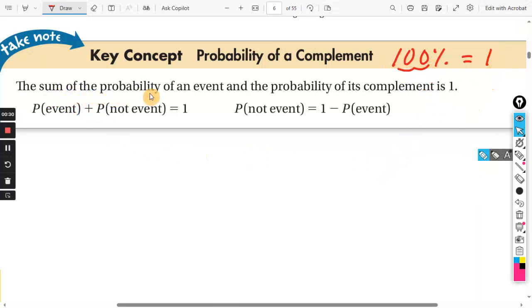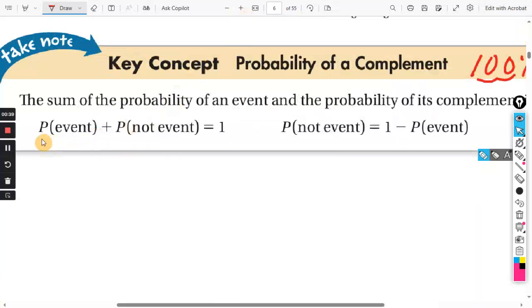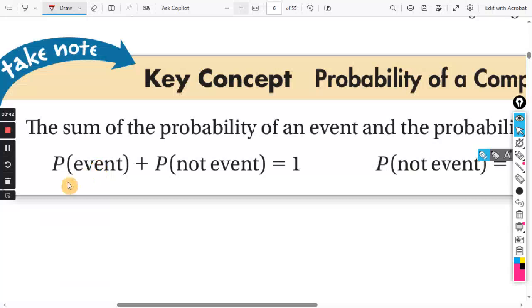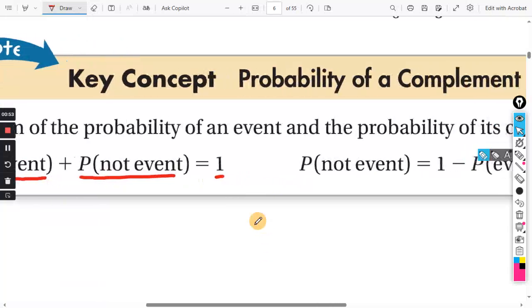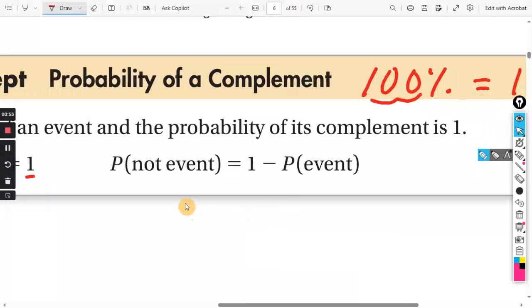So the sum of the probability of an event and the probability of its complement is 1. In other words, if you add the probability of an event occurring to the probability of the event not occurring, that is going to equal 1. And alternatively, if you want to find out if something does not occur, you just subtract from 1 the probability that the event does occur.